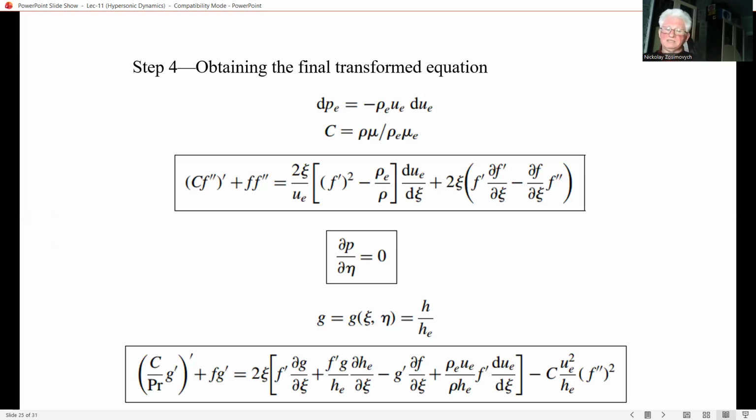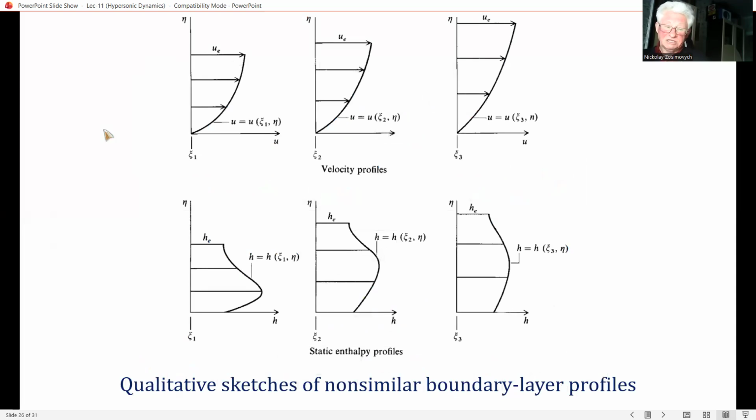So, for convenience, it is useful to visualize solutions of our equations displayed as profiles through the boundary layer at various locations of zeta, as qualitatively sketched in this slide.